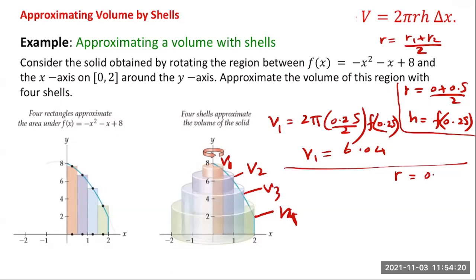R1 is 0.5 plus R2 is 1 divided by 2, which is 0.75. What is H? To find H, you plug in this midpoint in your function. If you plug in the midpoint in your function, you get F of 0.75, right? This is F of 0.75.